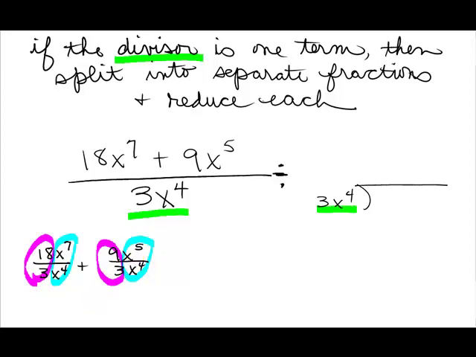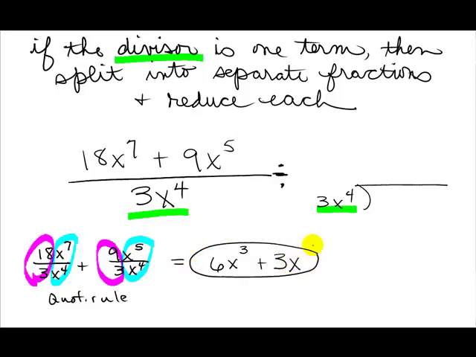You have two things going on, so you have to be really careful. 18 divided by 3 is 6. x to the 7 over x to the 4 is the quotient rule. So 7 minus 4 is 3. Then 9 divided by 3, x to the 5th. So 5 minus 4 is x to the 1. And this gives us our answer.